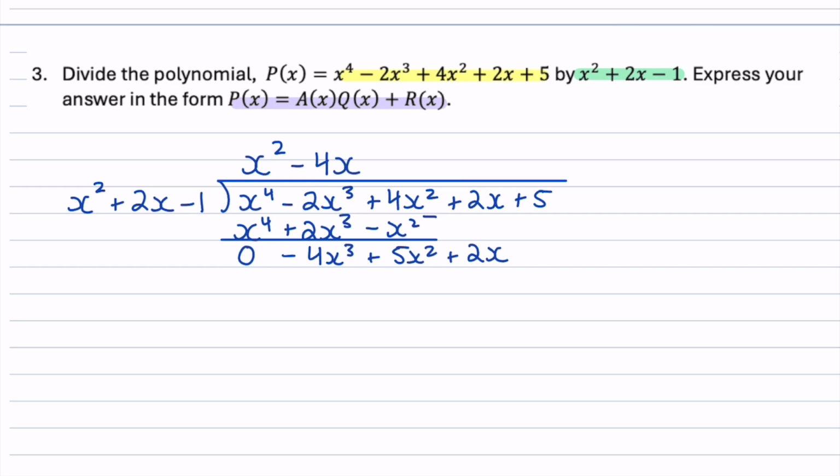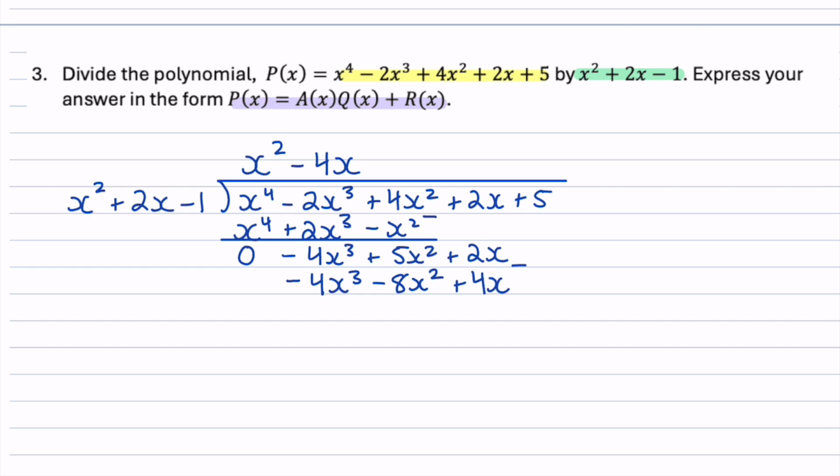Then underneath, I'm going to do minus 4x times x squared. So that's minus 4x cubed. Minus 4x times 2x will give me minus 8x squared. And minus 4x times minus 1 will give me plus 4x.